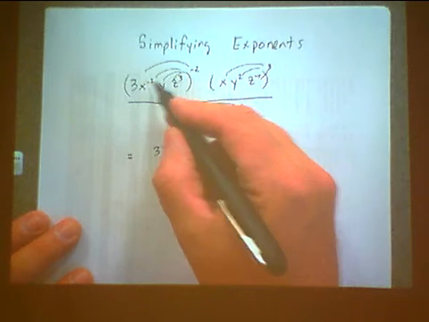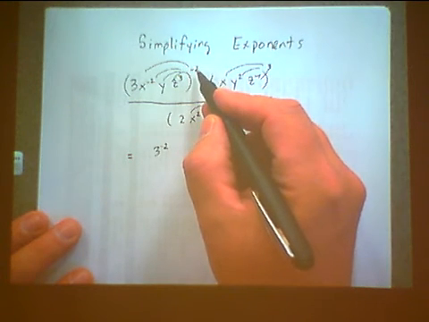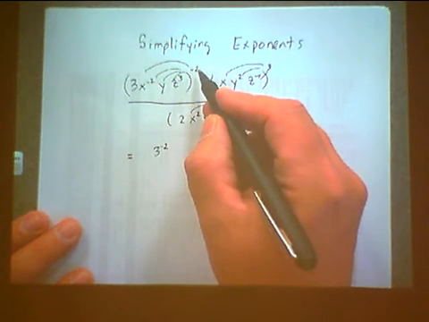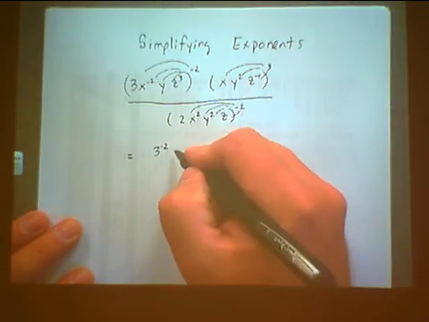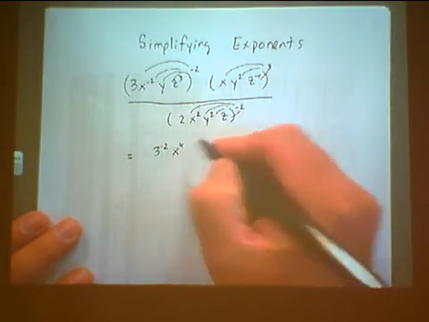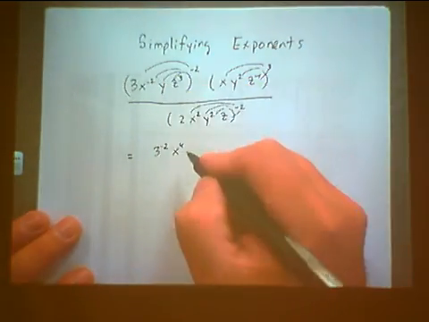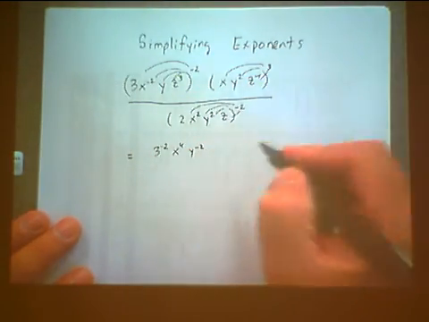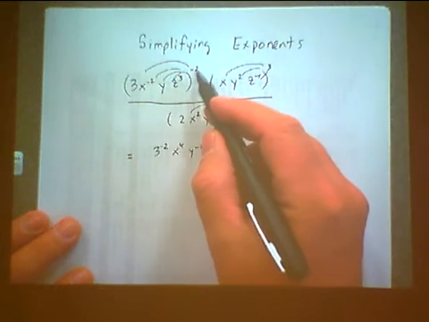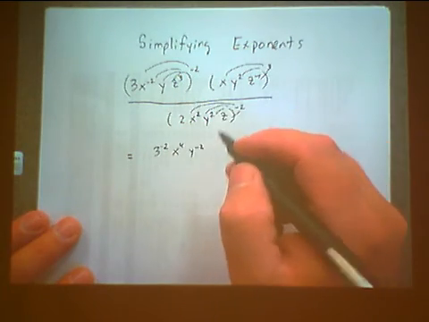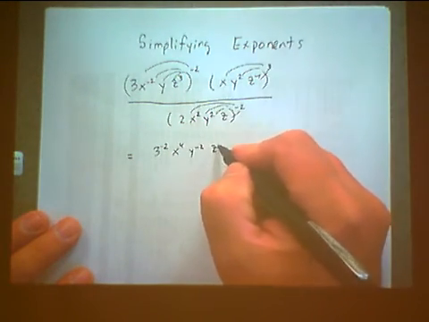X to the minus 2 raised to the minus 2 power. That's how we multiply the exponents, right? So it's going to be x to the 4th, since minus 2 times minus 2 is 4. Y to the minus 2 power. Z cubed raised to the minus 2 power. It's going to be z to the minus 6.